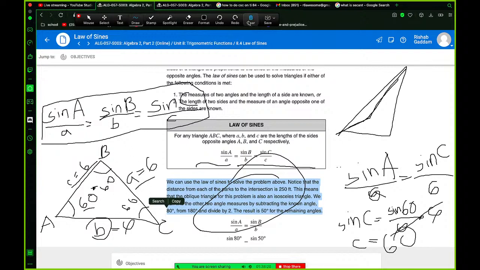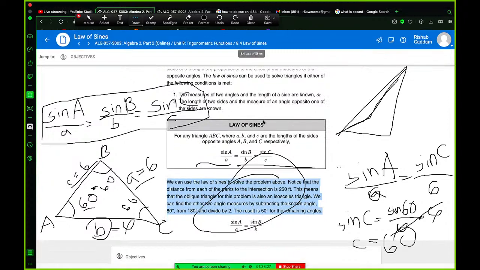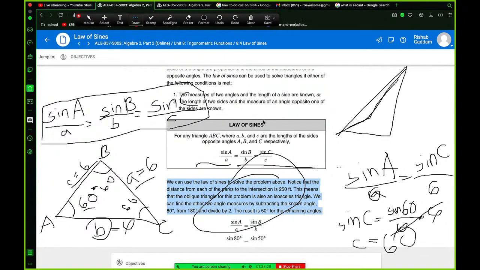So Satvik and Siddharth, did you kind of understand that? If you have any questions, ask them now. Okay. But the part I don't understand is you put sine of C equals sine of 60 over 6. Why would you do that? Why did you put sine of 60? Okay, so over here it says sine of A, right?